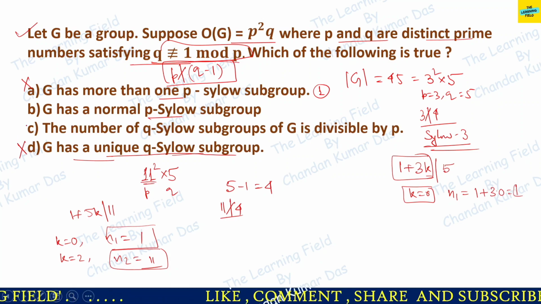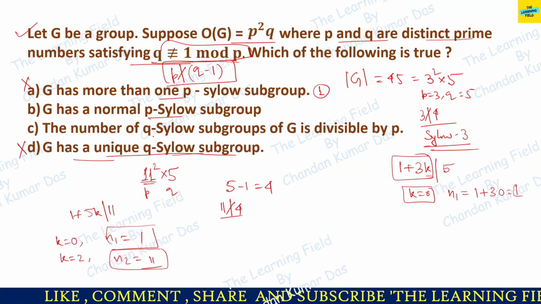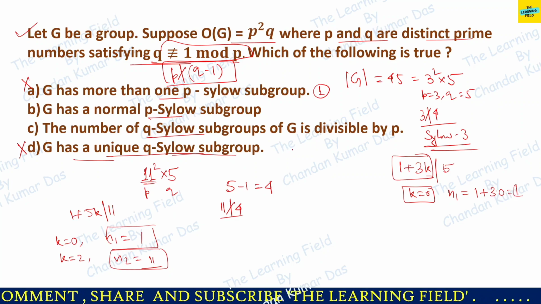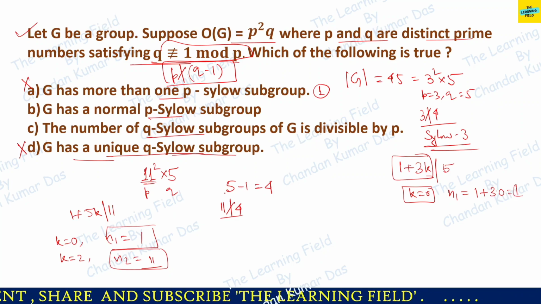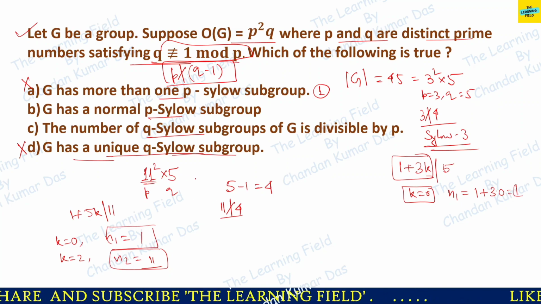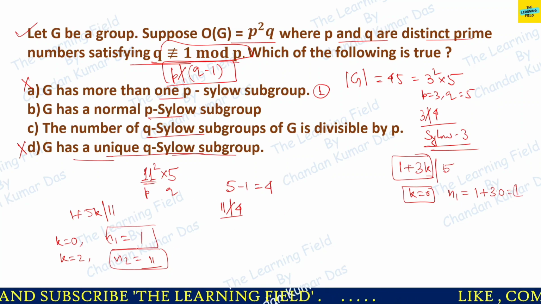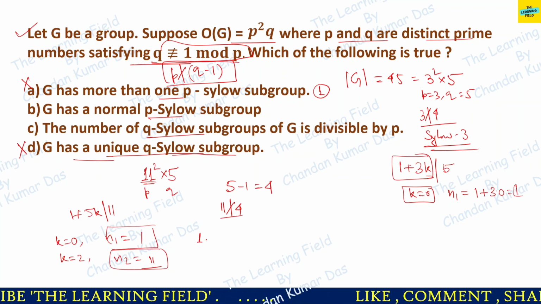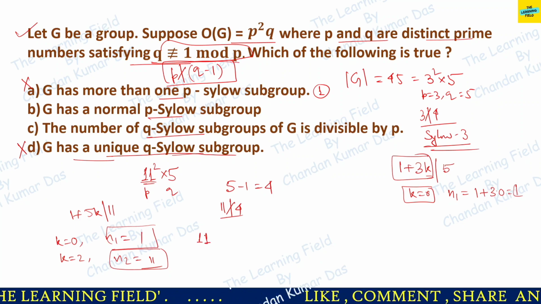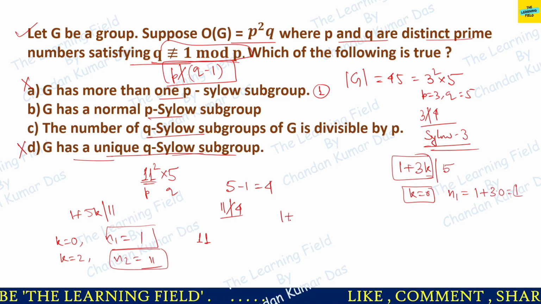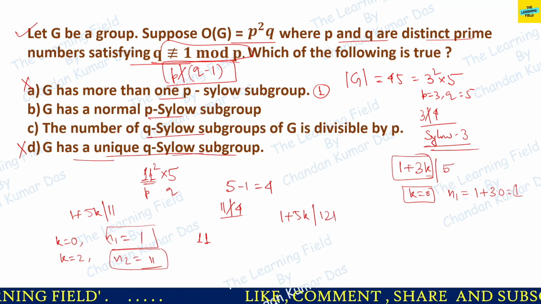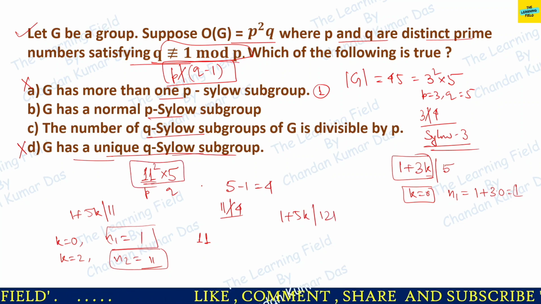Now option C says that the number of Sylow q subgroups of G is divisible by p. So the number of Sylow q subgroups is 1 plus 5k, and it must be divisible by p, where p is equal to 11. We can also write 1 plus 5k as 121, because this is the product of 11 square into 5.